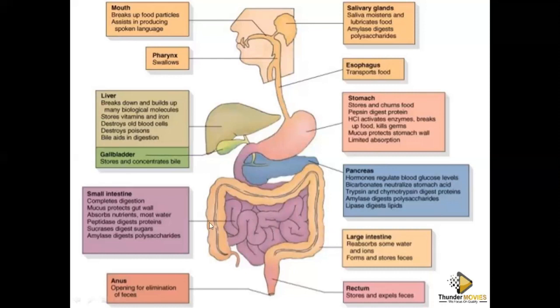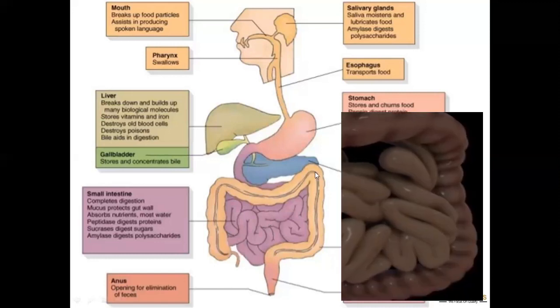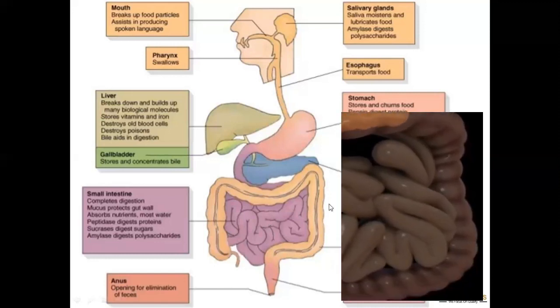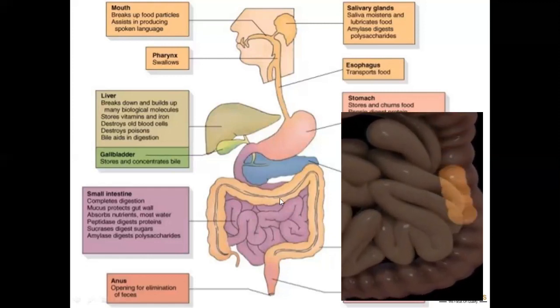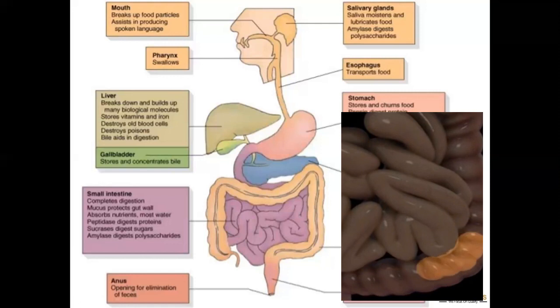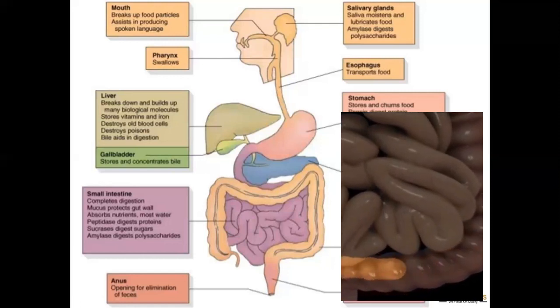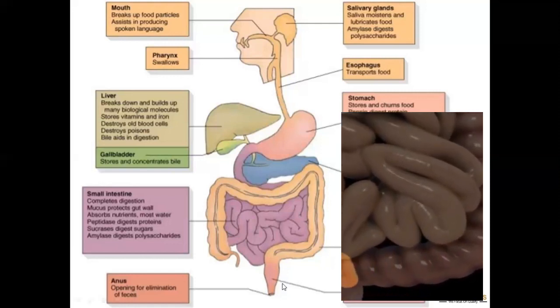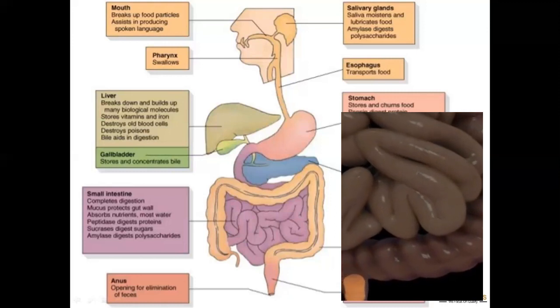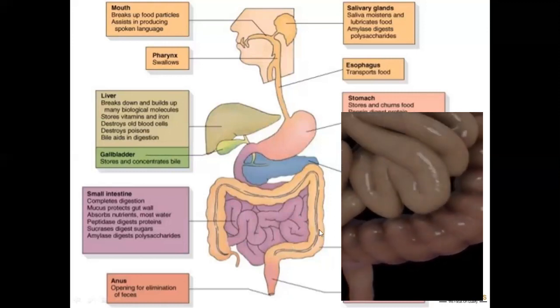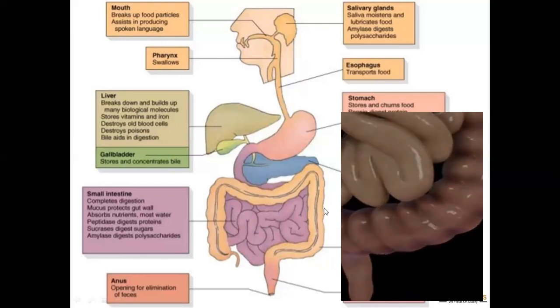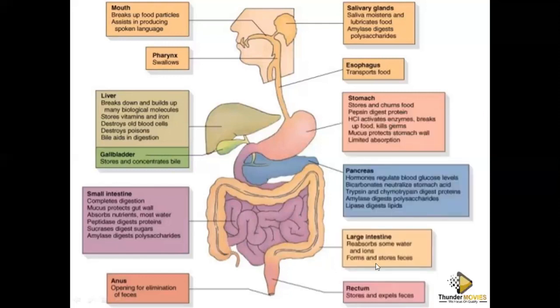Then you have the large intestine. You see this part is the large intestine. This one basically is for absorption of water into the blood, and number 2, storing the feces temporarily, because this is also part of the large intestine. The large intestine has this, it has this, and then it has the colon, and then it has this.